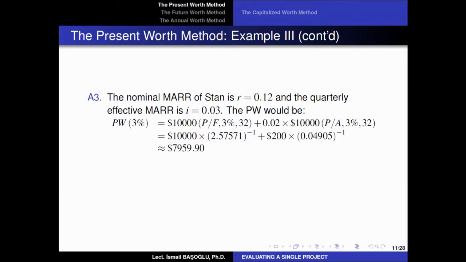Now let me show you the cash flow diagram. The cash flow diagram has a shape like this. So we have 1, 2, 3 here. I'm not going to write all of them. We have 31 and we have 32. So Stan Moneymaker is going to purchase this bond right now.